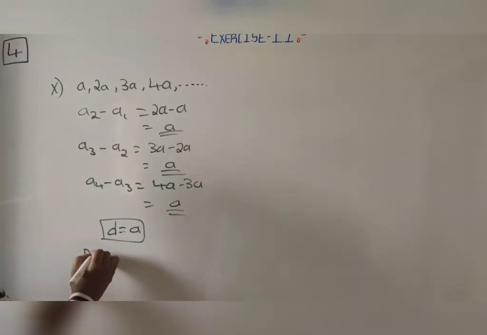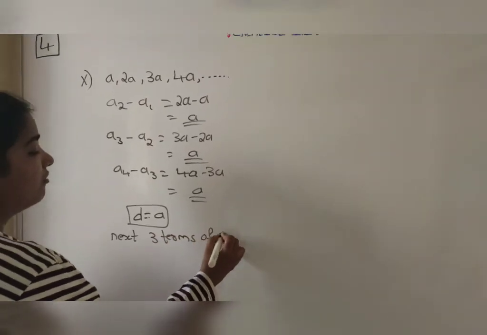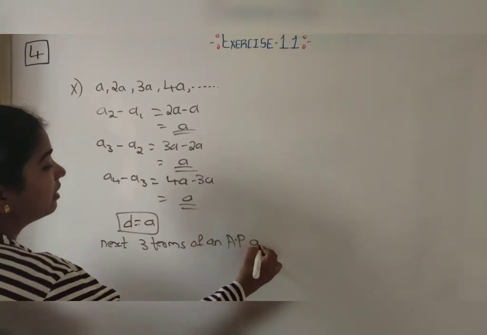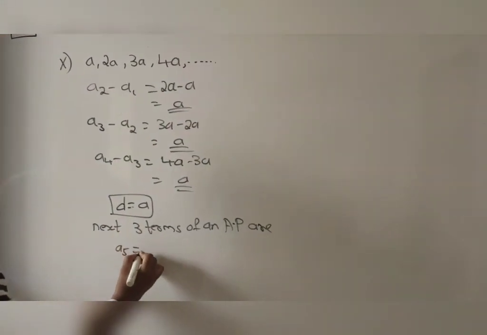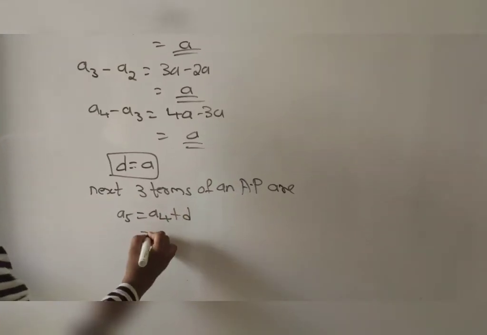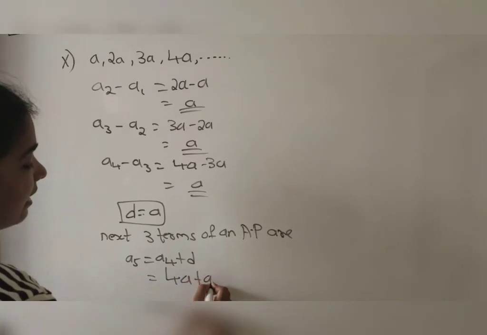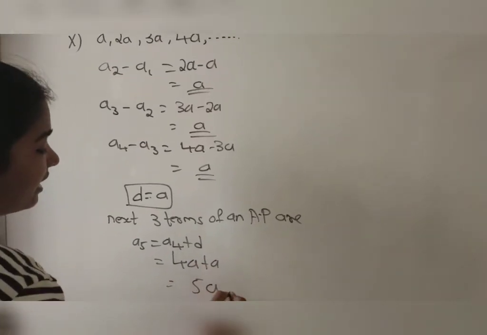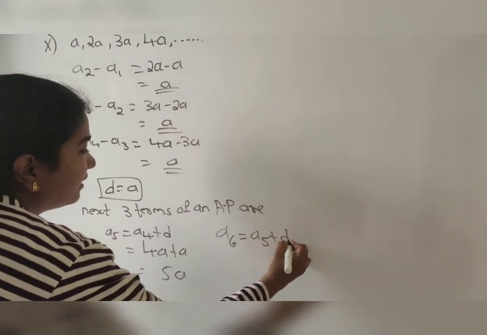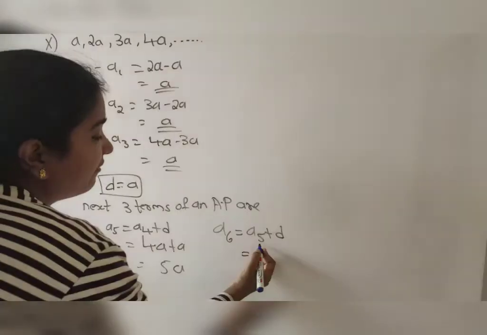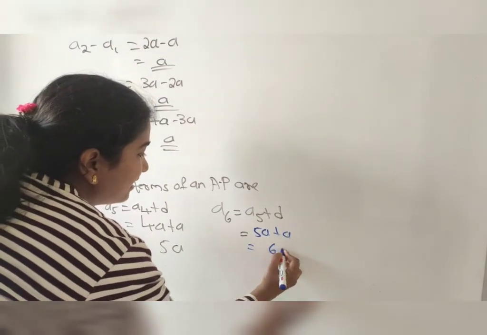Now, next 3 terms of an AP are, now we will find. A4 they have given, A5. A5 is equal to A4 plus D. A4 is 4a. D is a. 4a plus 1a you are getting 5a. Now A6 is A5 plus D. A5 is 5a. 5a plus a you are getting 6a.